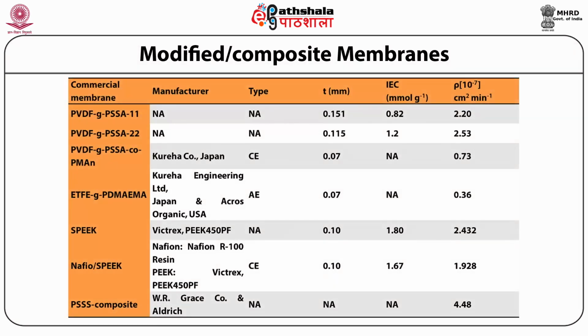The table summarizes the various developments which have been focused on the modified or composite membranes based on non-Nafion or other non-perfluorinated separators for VRFB. Although the resulting membranes have high IEC and conductivity, the diffusion of active species through the membrane is still significant.